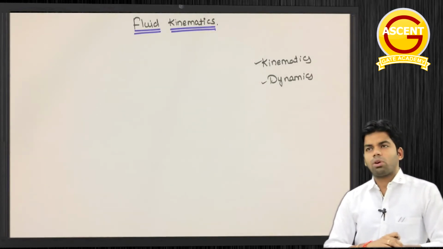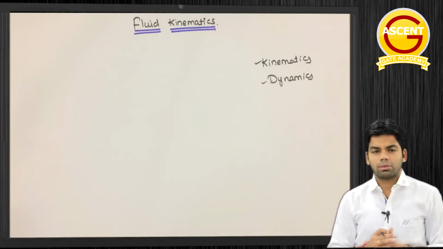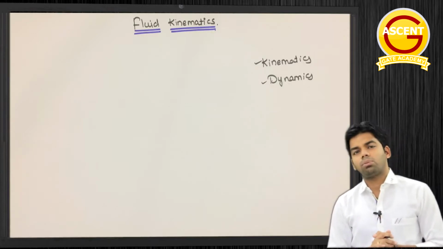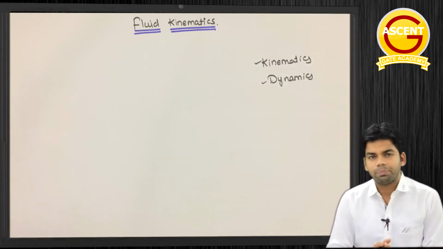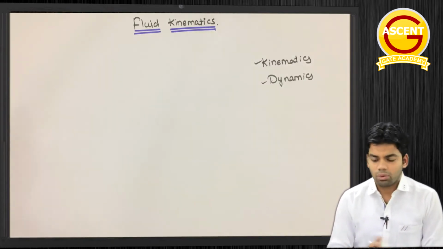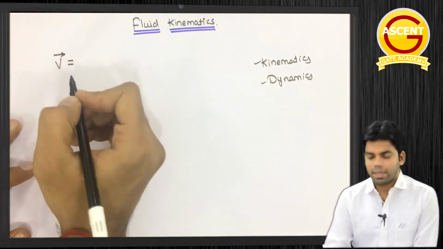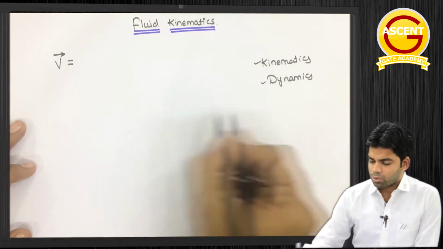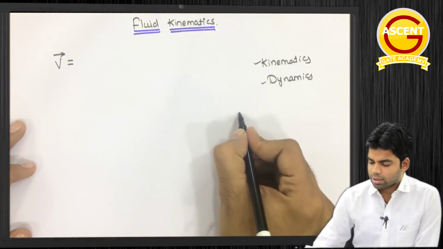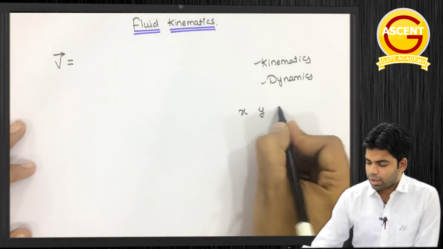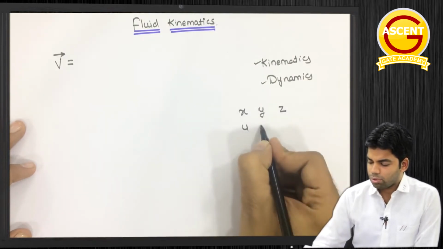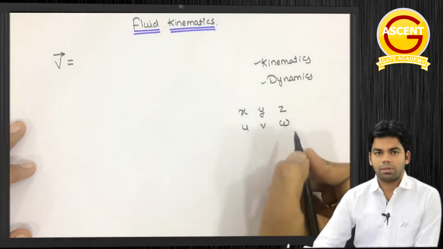Now when we talk of motion, quantitatively we can define motion in terms of velocity, and velocity, as we know, is a vector quantity. How can this velocity be expressed? Very basic things. Suppose the velocities in the x direction, y direction and z direction are u, v and w respectively.